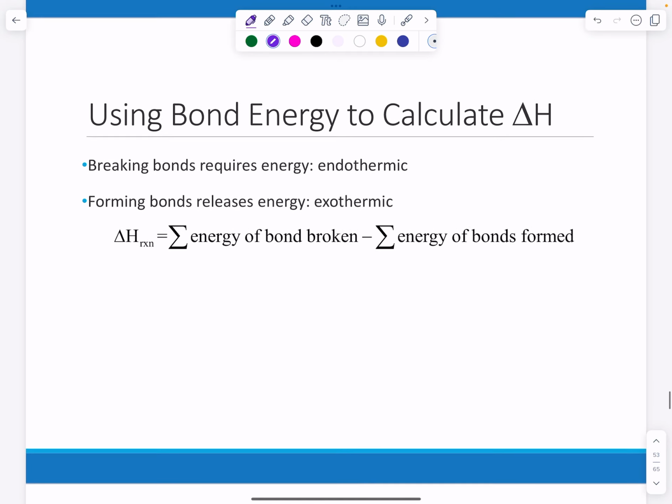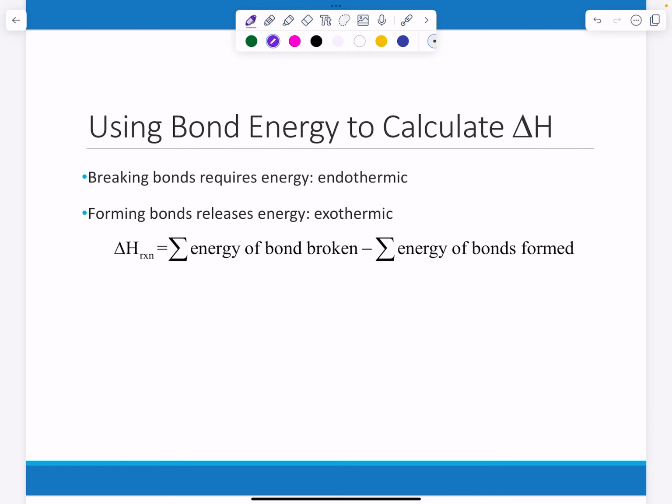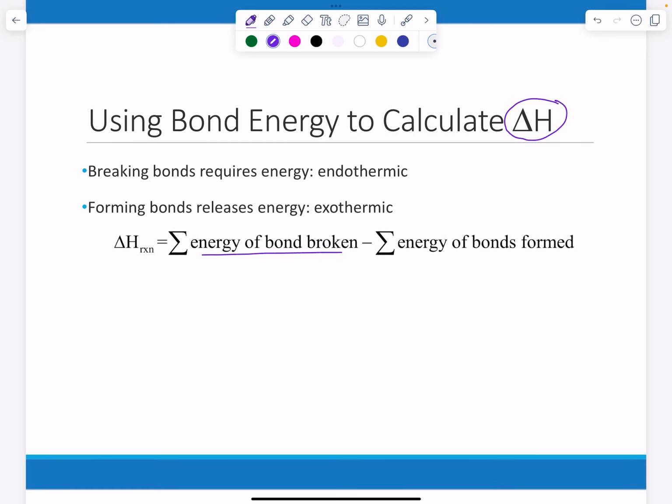All right, so again, if we want to calculate our change in enthalpy, we would consider the energy of the bonds broken and the energy of the bonds formed. So breaking bonds requires energy. We call that endothermic, and your enthalpy value is positive. Forming bonds is the opposite of that.